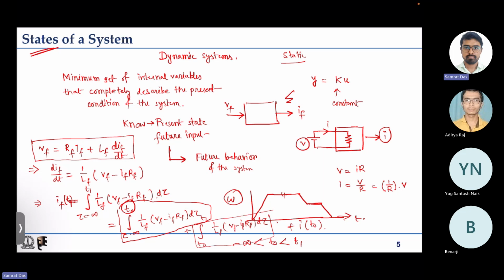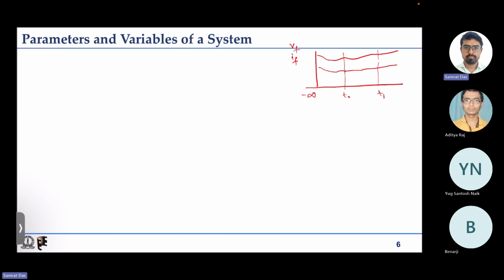So that means if we know the value of current at the t0 instant, we need not know what the past inputs were, or what all happened in the past.